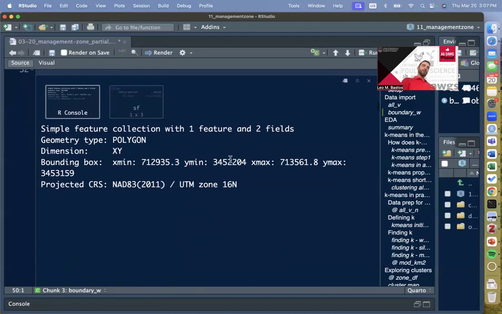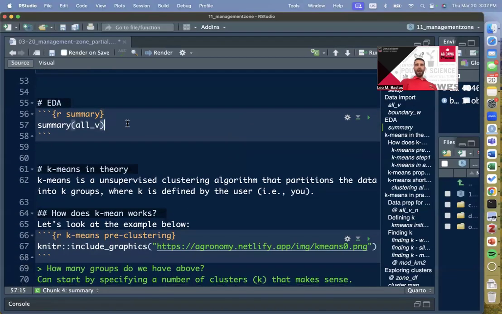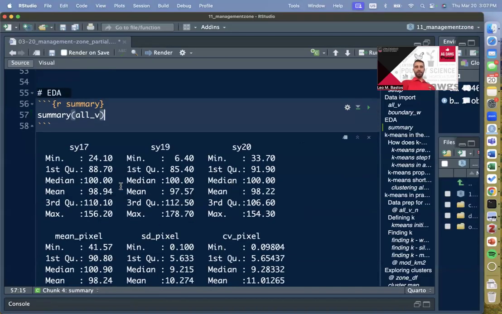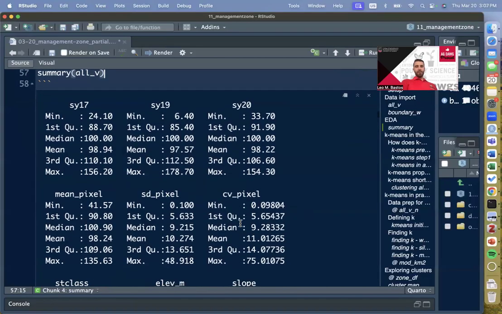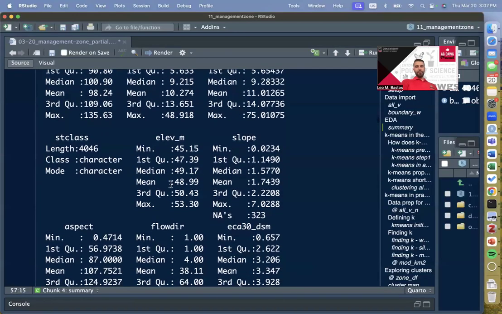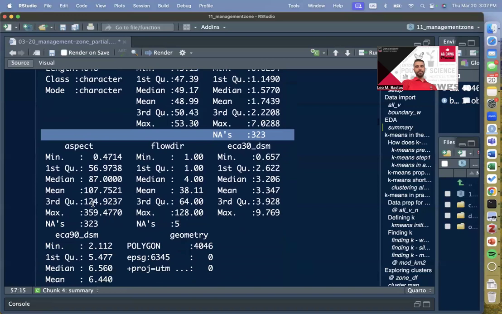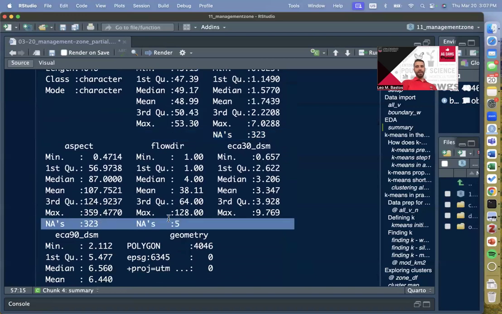Okay, so as always, even though we have seen this layer over and over again, I just want to get a summary of all_v, just to make sure that things make sense. I'm going to focus here perhaps on the elevation, 45 to 53. We have slope, 0.2 to 7%, aspect with some NAs, full direction as well.